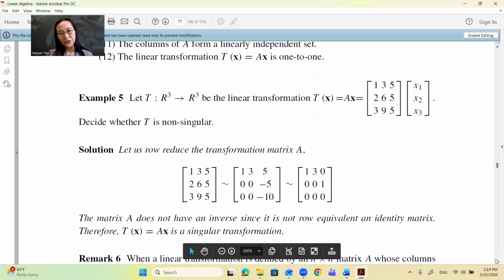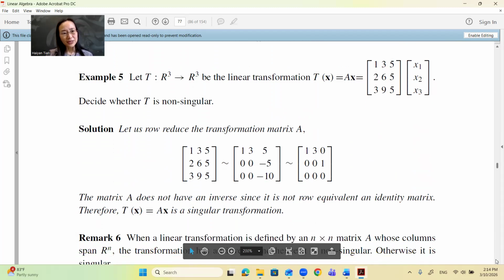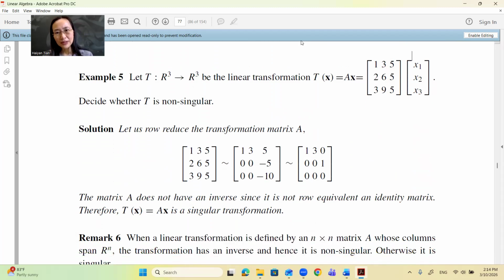If you can find one, or if you row reduce to the identity matrix, then you know it is invertible. So we start with A, we do row reductions, and if eventually you do not get an identity matrix, that means A cannot be reduced to an identity matrix. There's no inverse for A.